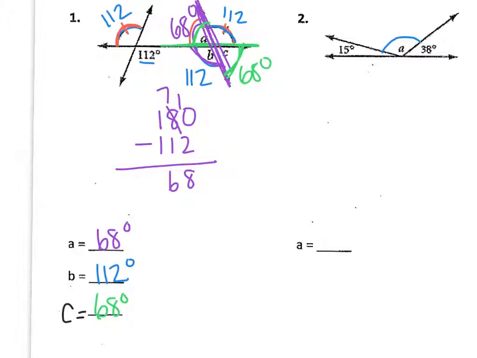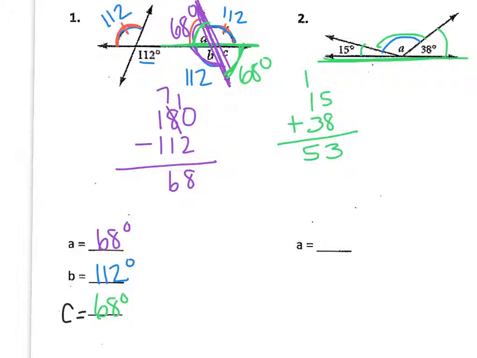What I notice right away is the straight line. And if it's a straight line, it adds up to 180 degrees, which means the 15-degree angle plus angle A plus the 38-degree angle must equal 180 degrees. So if we add the two angles that we know together, 15 and 38, we get 53 degrees.